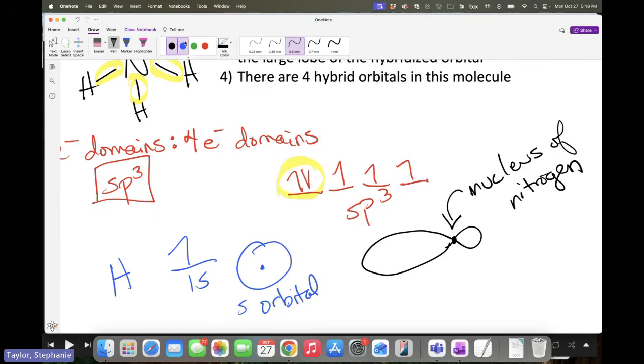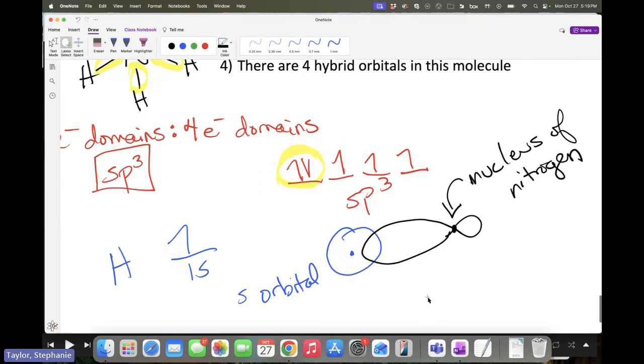And so when I'm trying to talk about how hydrogen is going to interact with this, what we can expect is this s orbital is going to overlap with the hybrid orbital. And since my hybrid orbital, which is this thing in black, has one half that is a larger part of the orbital than the other, the expectation is that there's a better likelihood that the electron from the nitrogen goes towards the hydrogen.